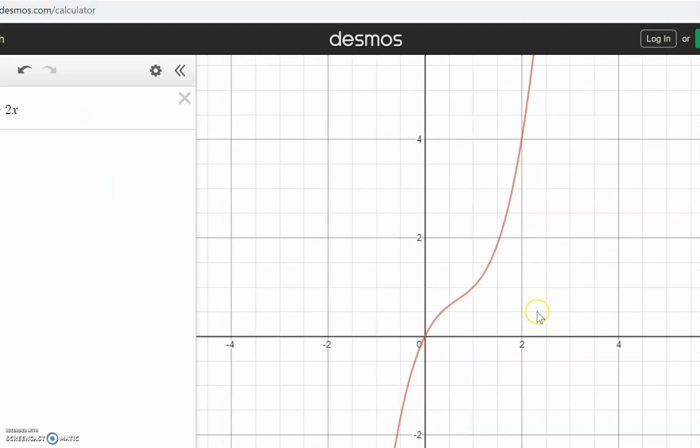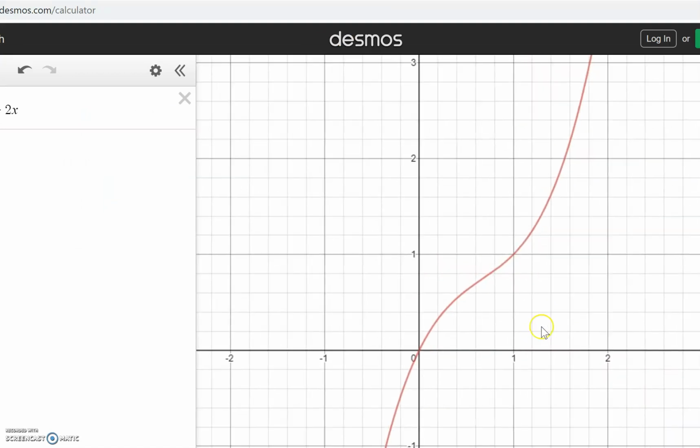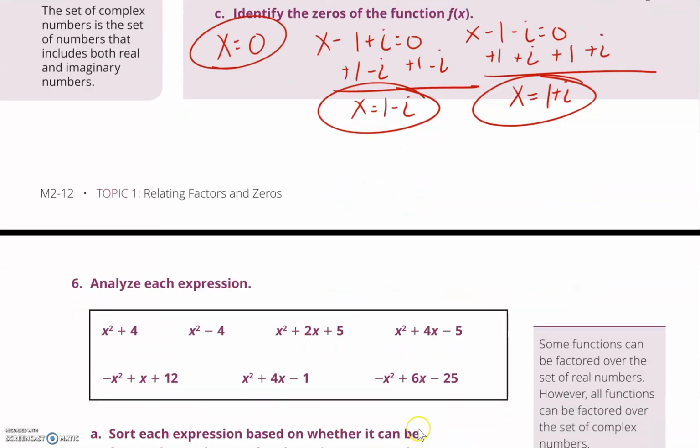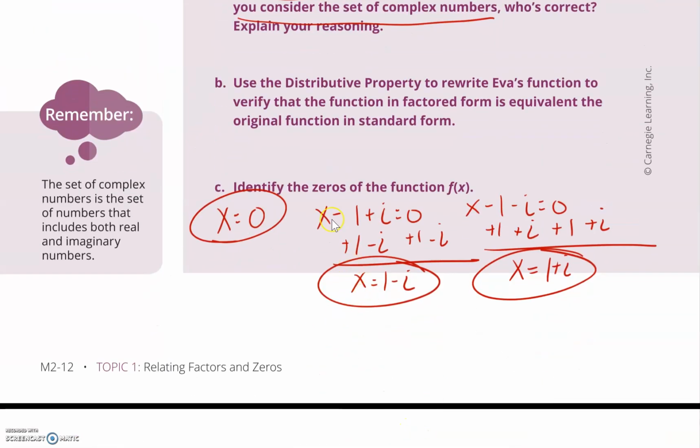So this is our graph. So we can see a turning point is happening here. And the only time it crosses the x-axis is at 0. And if you remember, if you look back, the only real number that was a zero was 0 itself.